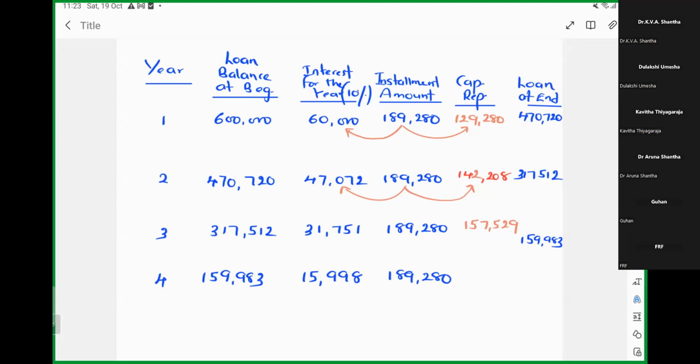Then loan balance at the end of the second year is 328,512.